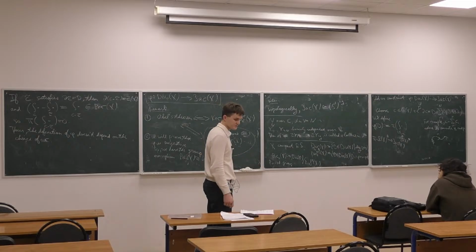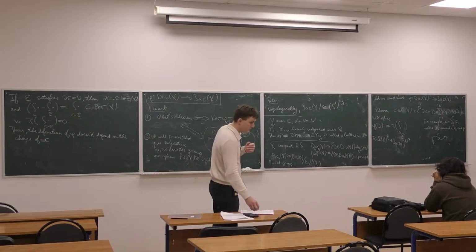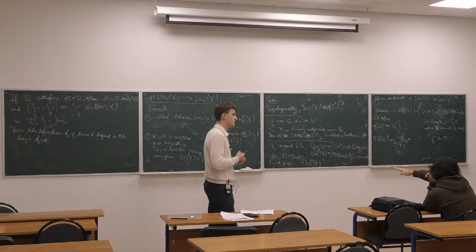The Jacobian has various interpretations. That can also be extended to other Pic d, maybe non-zero, but they are all isomorphic to each other.